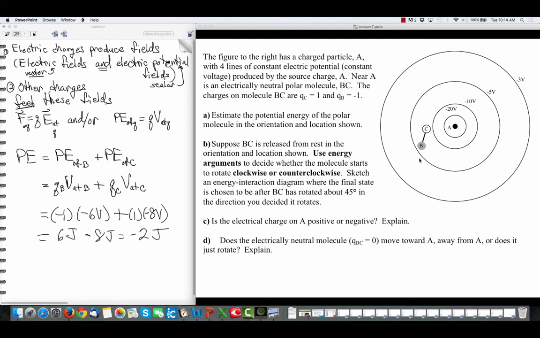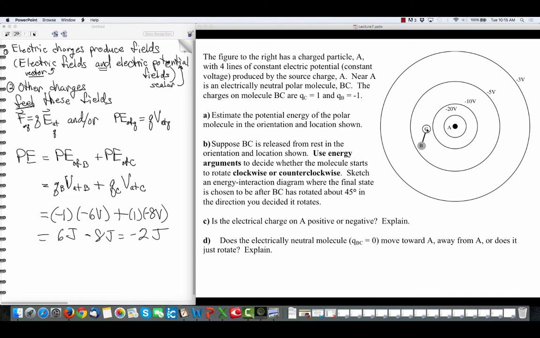Well, this will move to the right, and this will move to the left a little bit. Is that a bigger or smaller change in potential energy than this one moving a little bit to the left?